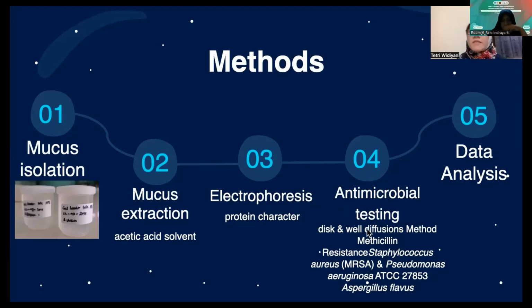And for antifungal testing, we use 1 species, Aspergillus flavus. In the antimicrobial testing, we determine the inhibition zone around the disc or around the well in the media.